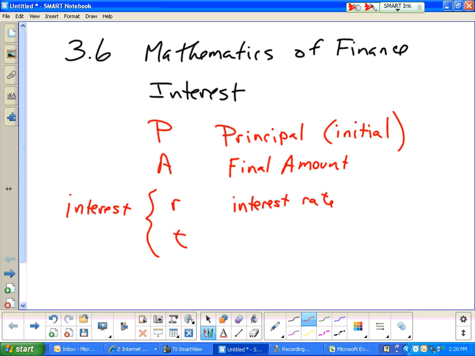And then T is for time, how much time. So you apply a 5% interest rate for 4 years, and no problem. And then that determines how much interest. And of course, you would apply this interest to the principal. That would tell you your final amount. Sort of makes sense what we're about to talk about?